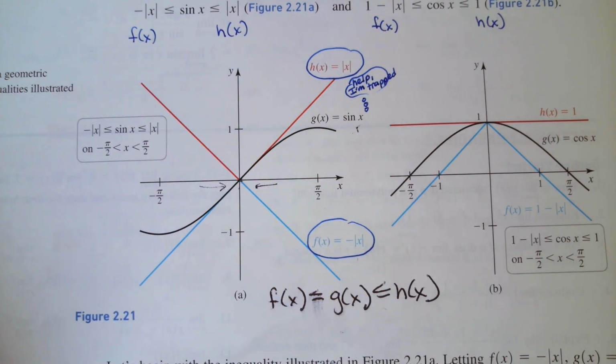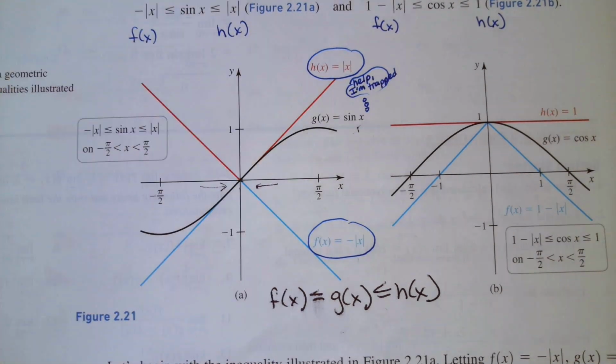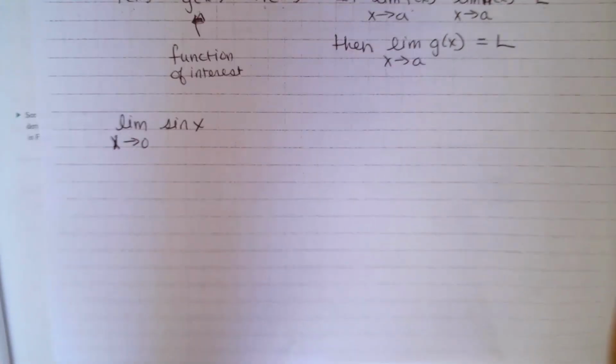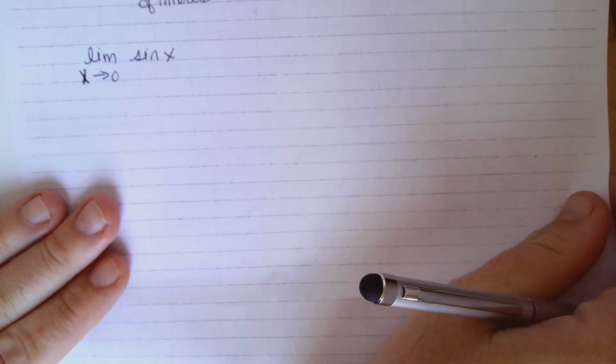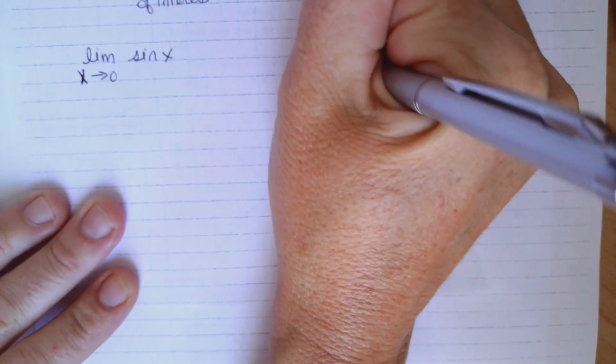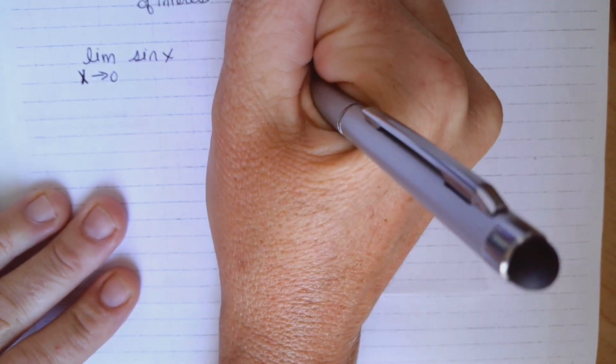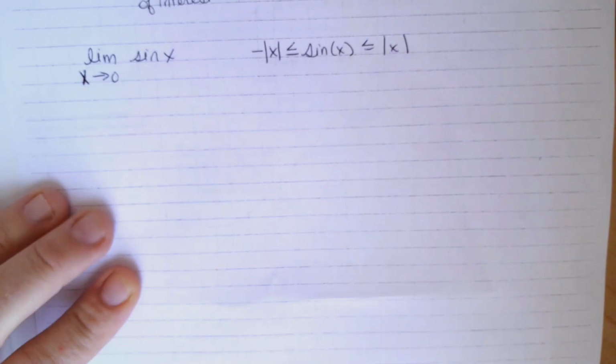And so if we were asked what the limit of sine of x was as x approaches 0, let's go ahead and do that. Suppose we were asked the limit as x approaches 0 of sine of x. We're making the statement that sine of x is always less than or equal to the absolute value of x, and greater than or equal to negative absolute value of x.